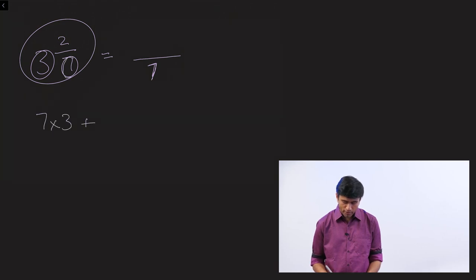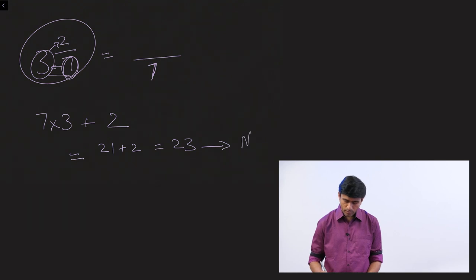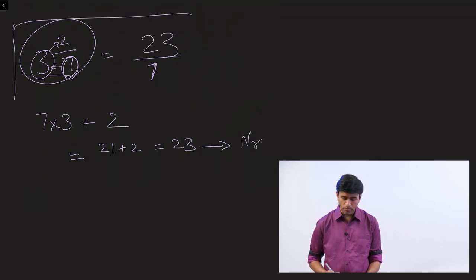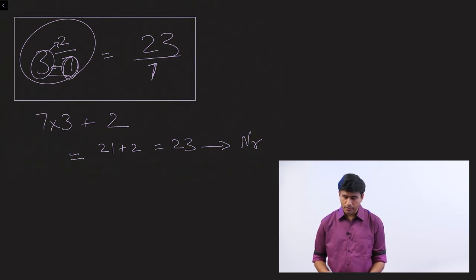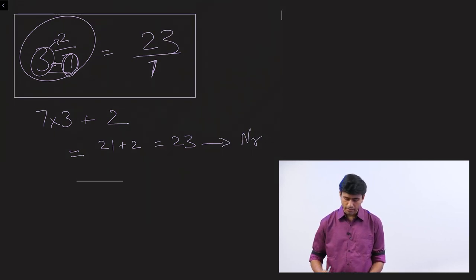Multiply the denominator with the whole number part and add it to the numerator. Plus 2. 7 into 3 plus 2. That is 21 plus 2. 23. That is your numerator. There you go. This is how you can change a mixed fraction into an improper fraction.